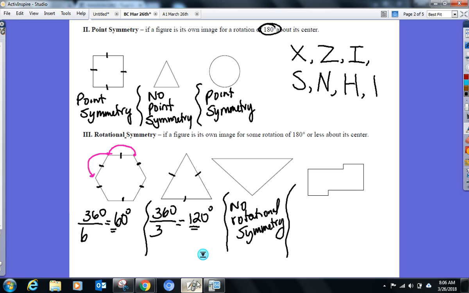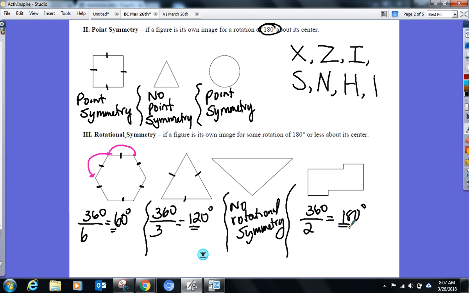I can rotate it 180, and that's good enough. It's 180 or less to have rotational symmetry. All right, so it's going to be 360 divided by 2, right? Because you can turn it 2 times. And yes, 180 degrees. So this does have rotational symmetry. It's got to be 180 or less. Questions?